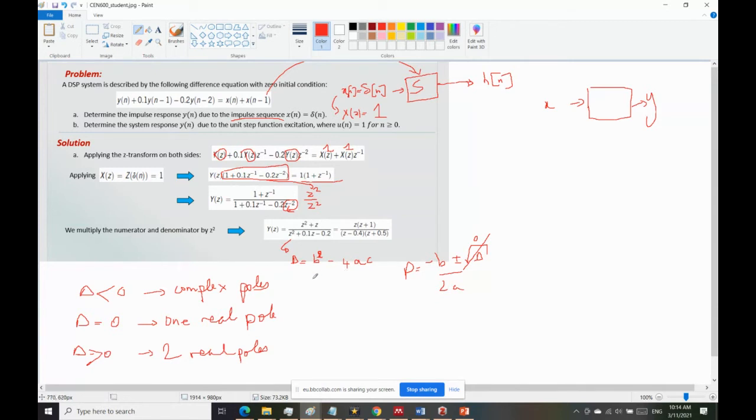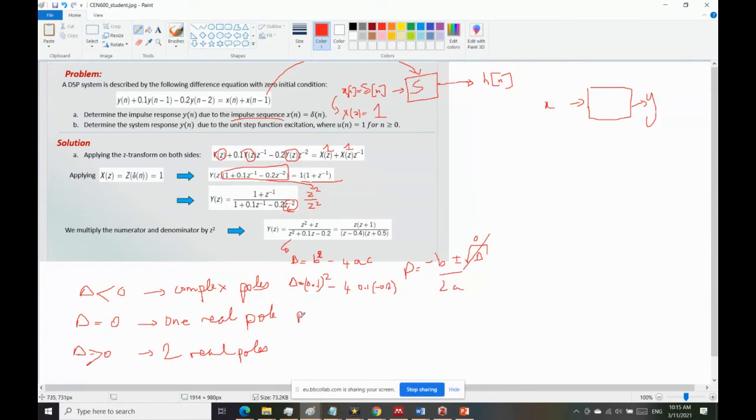So here we did the computation: 0.1 squared minus 4 times 0.1 times minus 0.2. And then we computed the two poles.